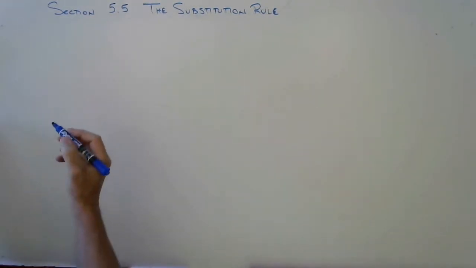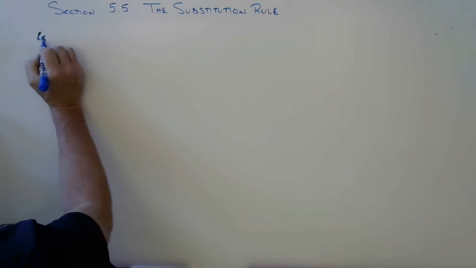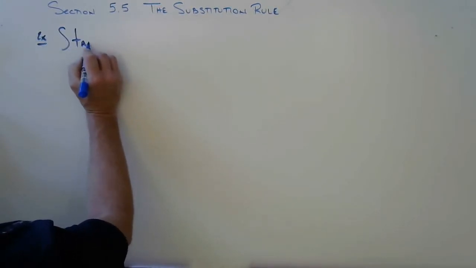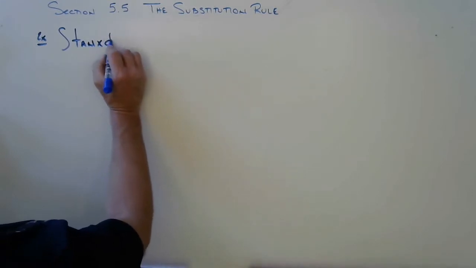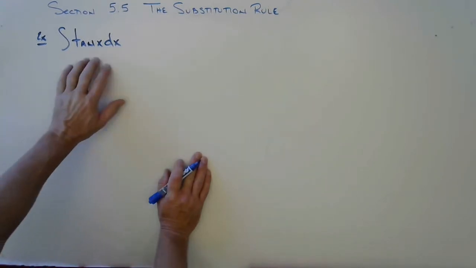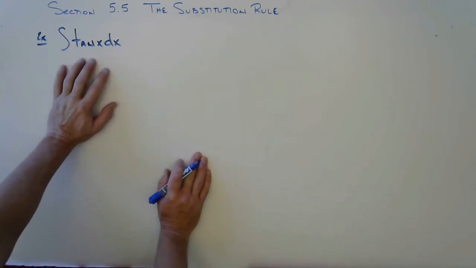In this example, somebody asks us for the integral of tangent of x dx. It's kind of strange that we have not, at this point, come up with an antiderivative for tangent, have we? We're going to get it right here, because now that we know U-substitution, we can solve an integral such as this.